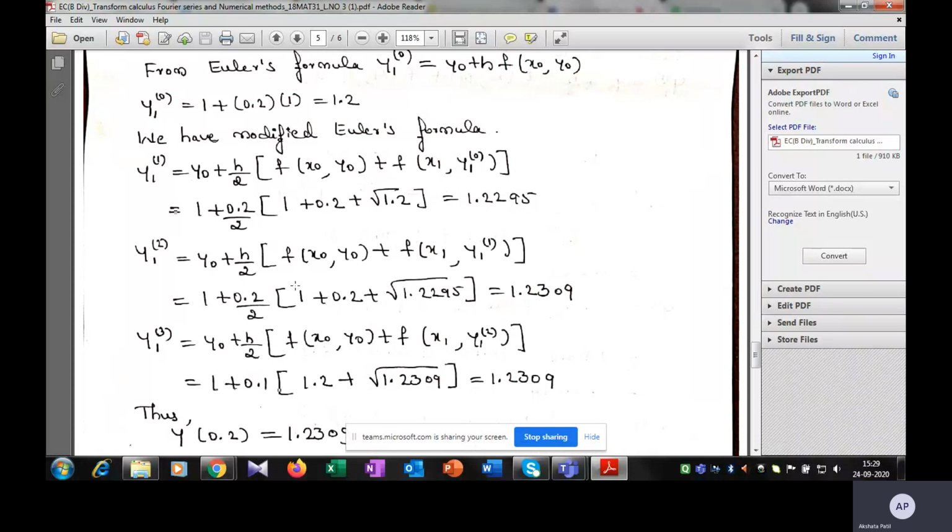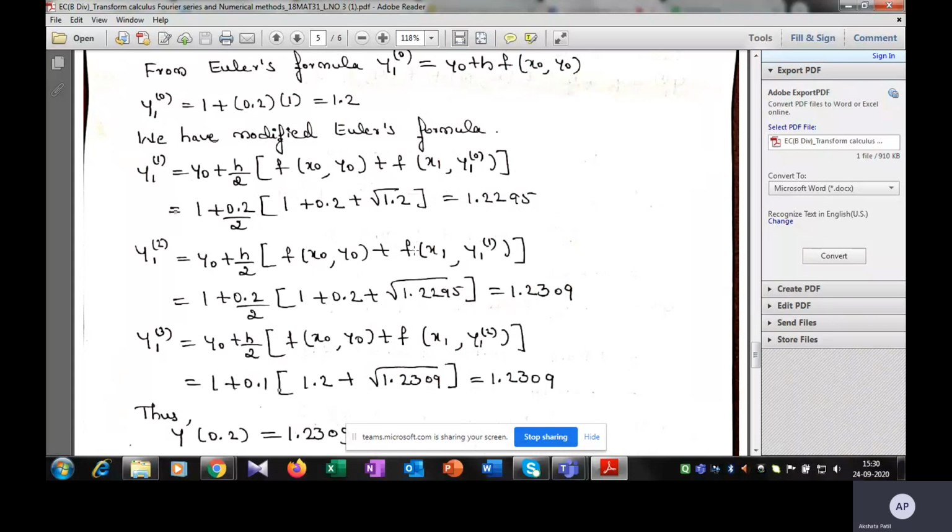Okay. Now let us calculate the second approximation. The formula is y0 plus h by 2 into f of x0 comma y0 plus f of x1 comma y1 of first iteration. Substitute the values of y0 and h here. y0 is 1, plus h value 0.2 divided by 2. f of x0 comma y0 remains the same throughout this example, so we already calculated it above, that value is 1.